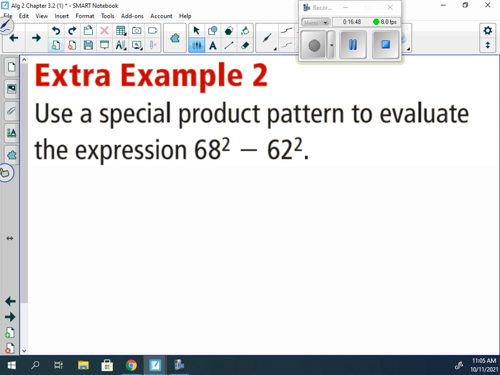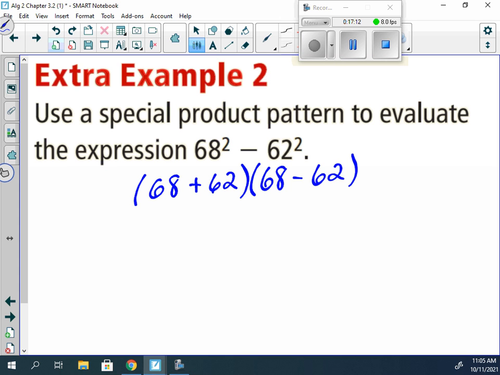So we have 68 squared minus 62 squared, and we want to find the exact value of this here, yes? Well, I think some of you have already started solving this and the ones after it, yeah? Because what are we doing? Well, you'd have 68 plus 62 times 68 minus 62. And I think some of y'all would then type in 68 plus 62, yes?